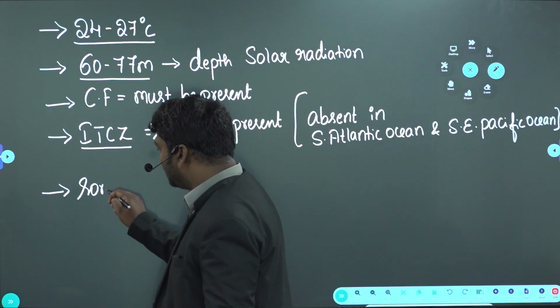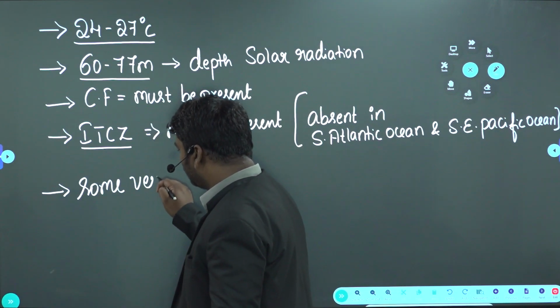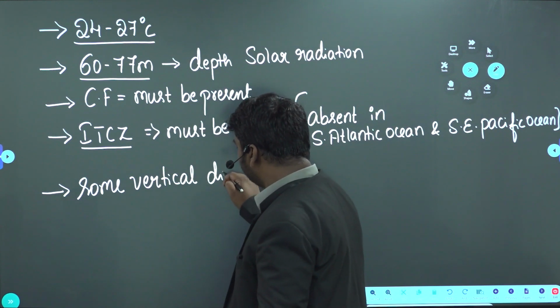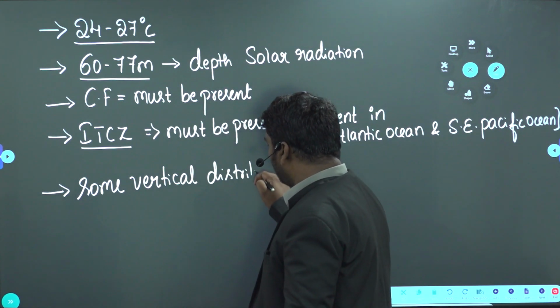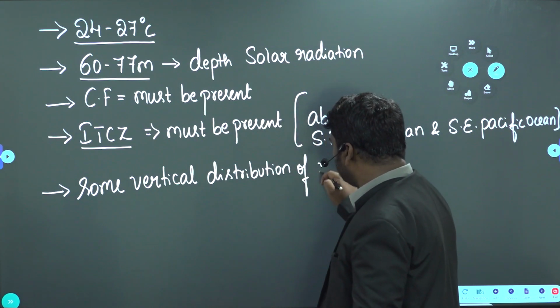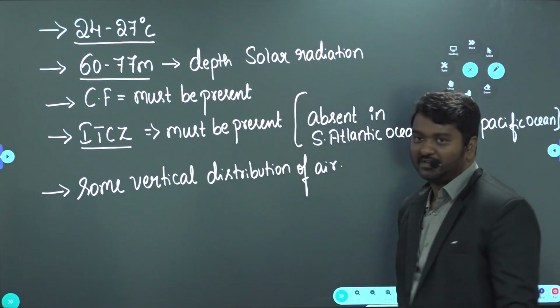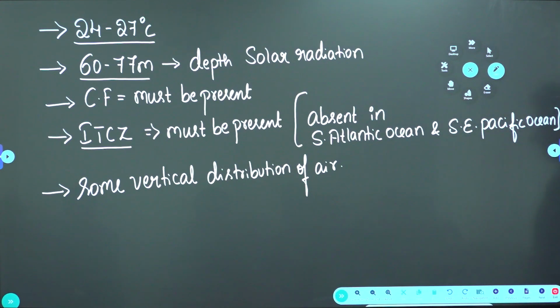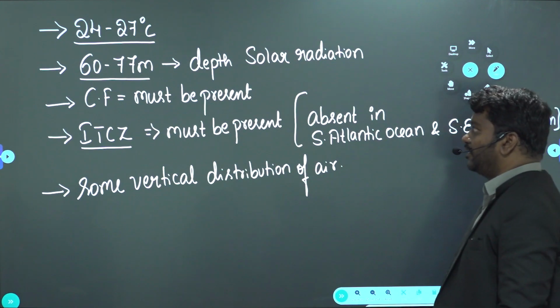There must be some vertical distribution of air. Mark these points as important. Please revise it before once, because cyclones, especially tropical cyclones, possibility is there. Lot of times they have asked questions on cyclones.